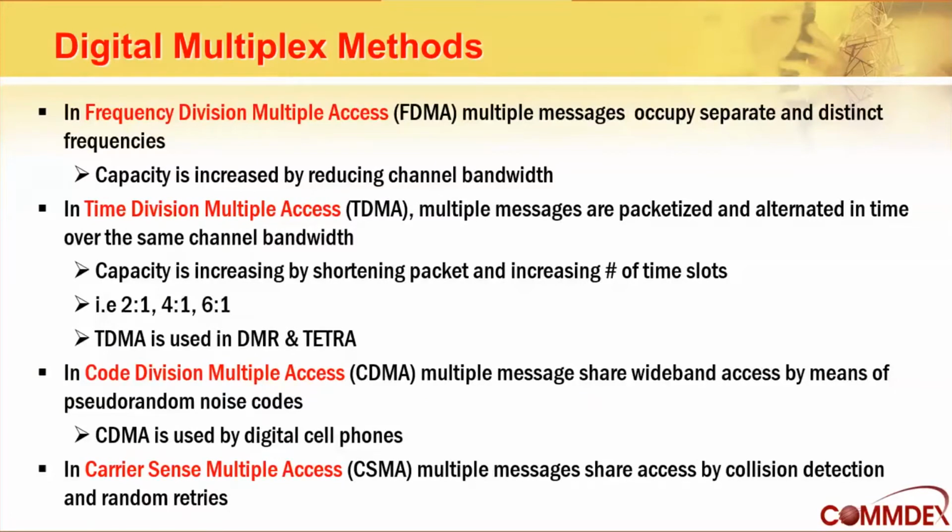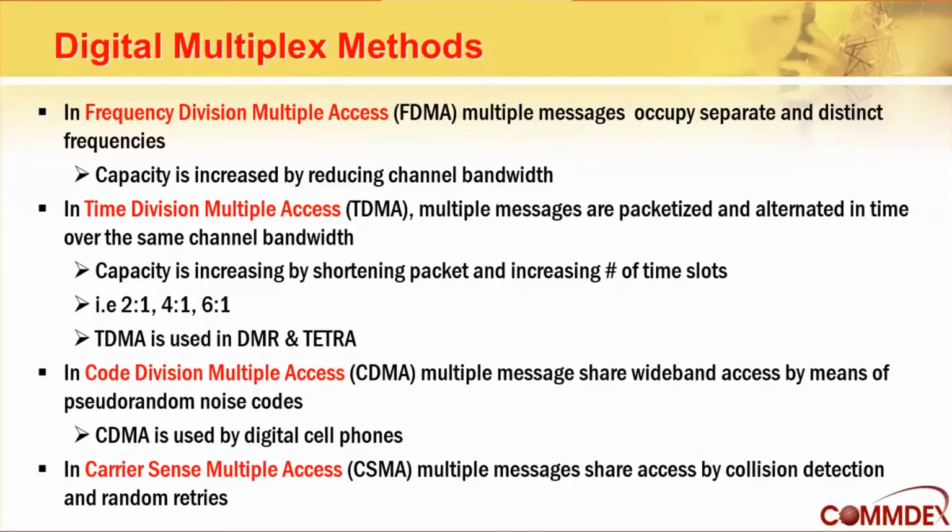So for instance, we can have a 2-for-1 increase if we put two time slots in every channel, or a 4-to-1 increase if we have 4 time slots per channel. And technologies are out there that do 2-to-1, 4-to-1, 6-to-1, and beyond. So DMR and over in Europe, Tetra, they use TDMA. Also, of course, phase 2 of P25 uses TDMA.